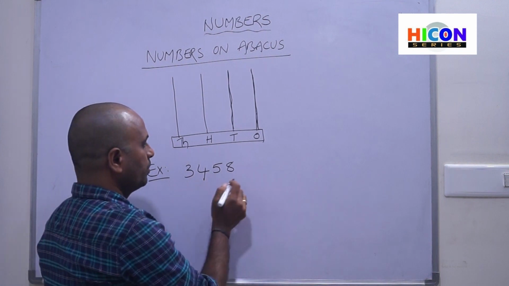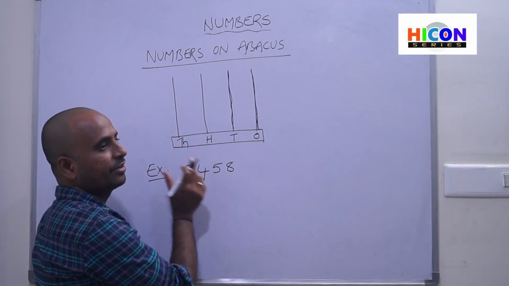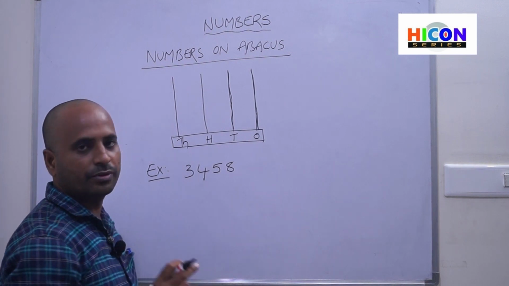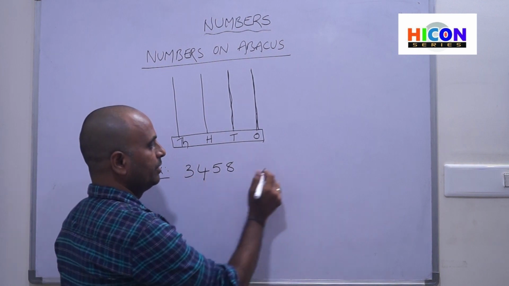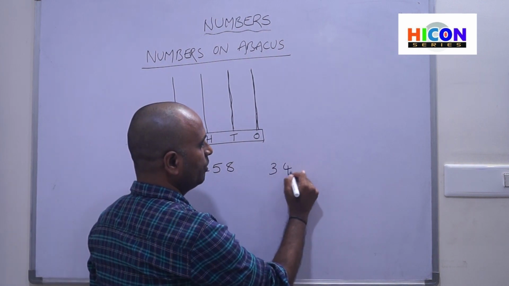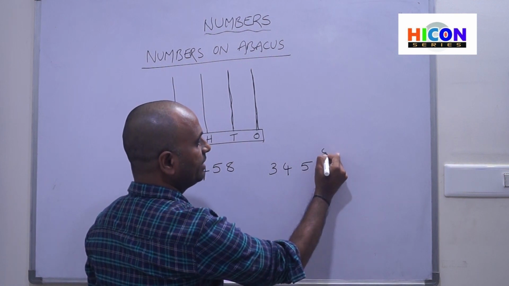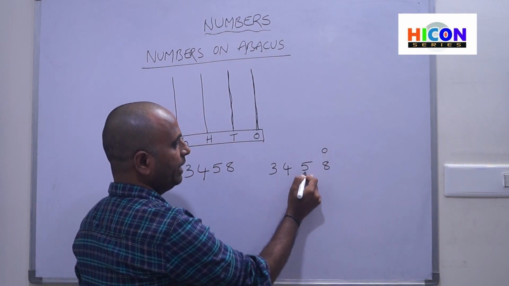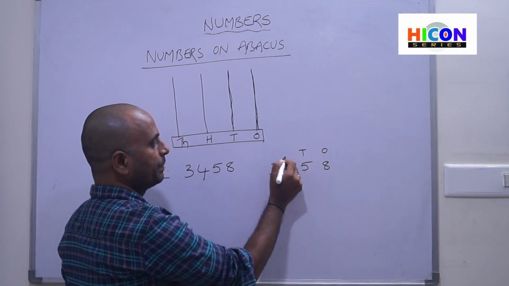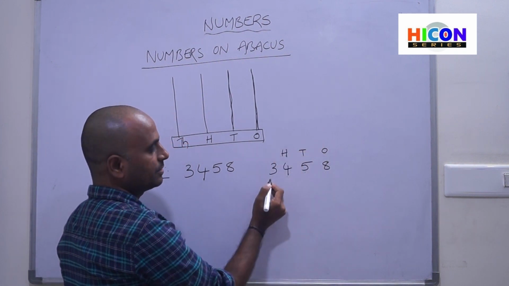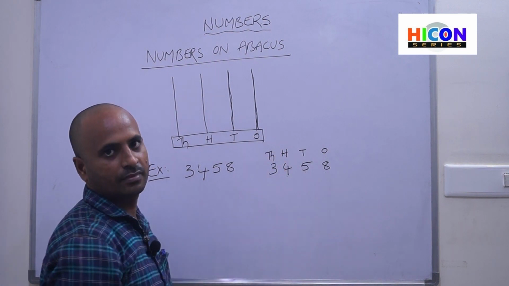First we have to write the places for the digits in the given number. 3, 4, 5, 8. 8 is present in ones place, 5 is present in tens place, 4 is present in hundreds place, and 3 is present in thousands place.